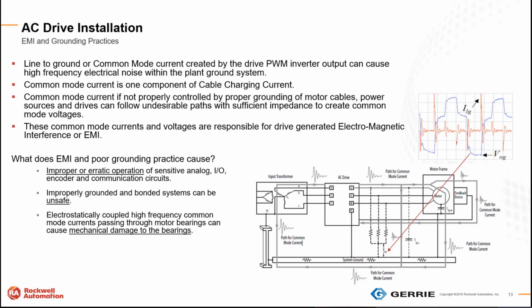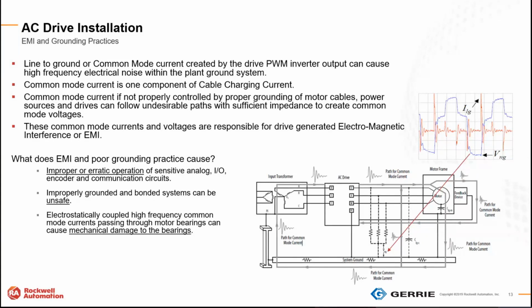So what we're showing here is the way that we would like to see most systems properly grounded. One, the input transformer has a Y secondary, solidly grounded back down to, in this case, building ground.